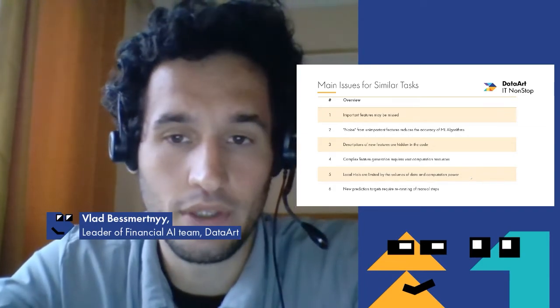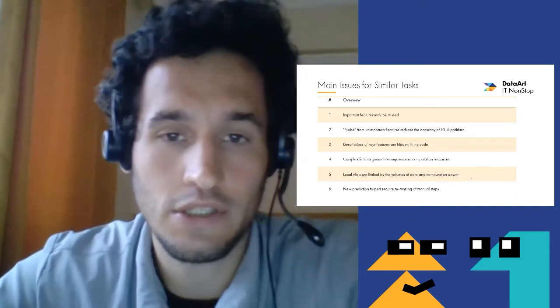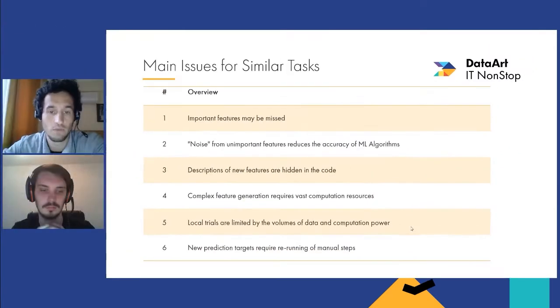The next issue was about feature engineering itself. If we are talking about simple features, like multiplying one column by another one, then it's pretty straightforward. It can be handled just by pandas, and that's it.